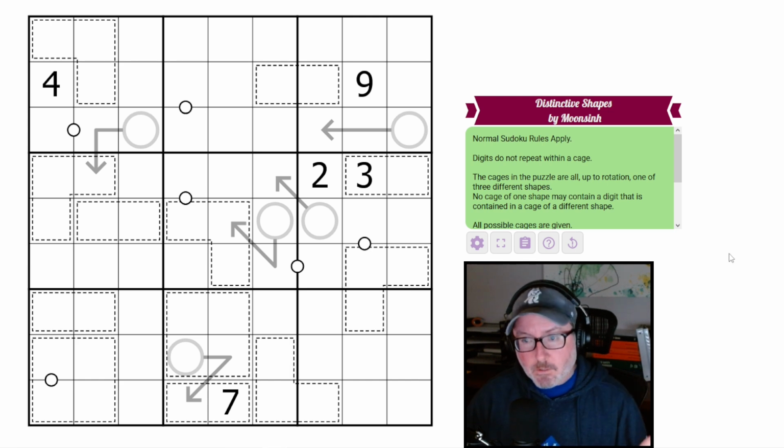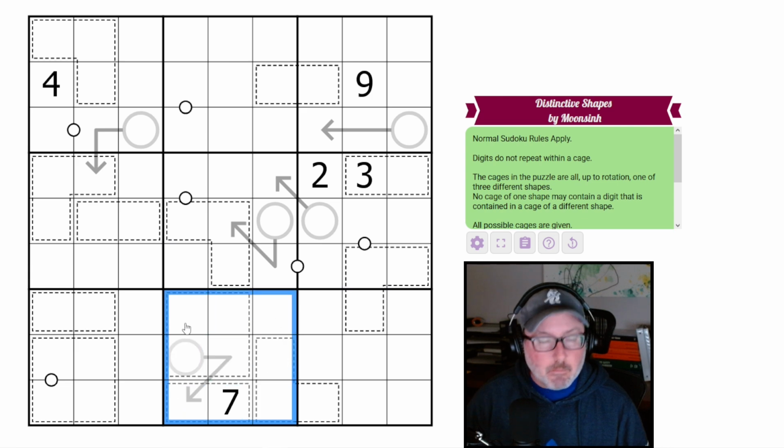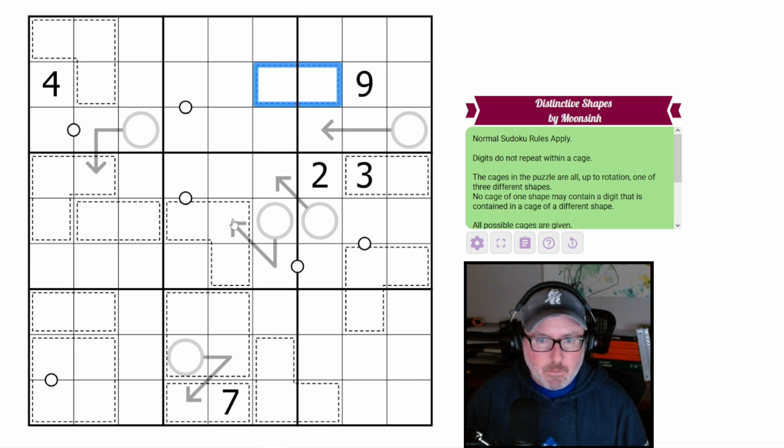But let's look at the rules and see what's going on here. So again, distinctive shapes. Normal Sudoku rules apply. So every row, column, and 3x3 box will contain the digits 1 through 9 once each. Digits do not repeat within a cage. So this is kind of like a killer cage situation, but there's no values given, as you can see in any of these cages.